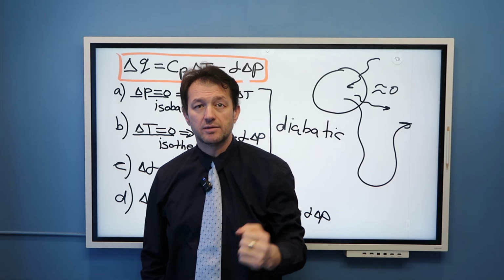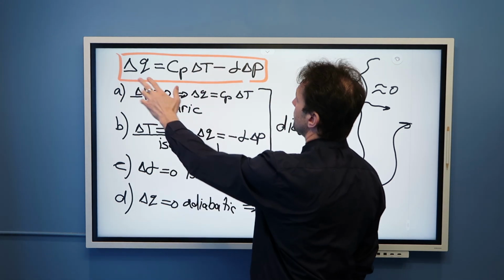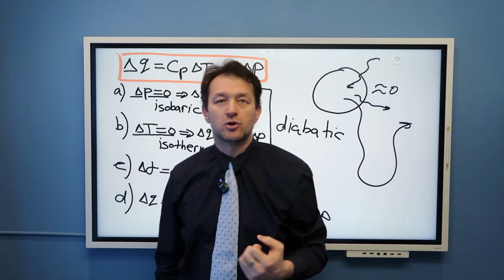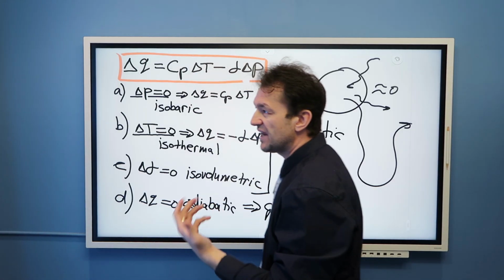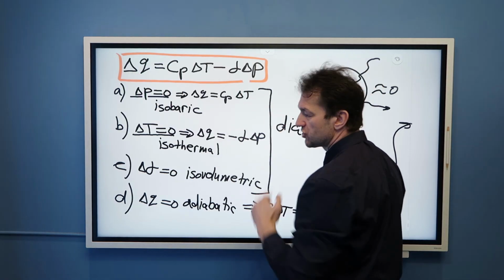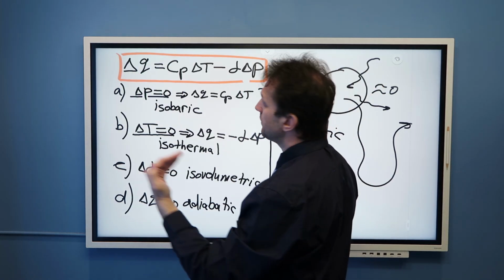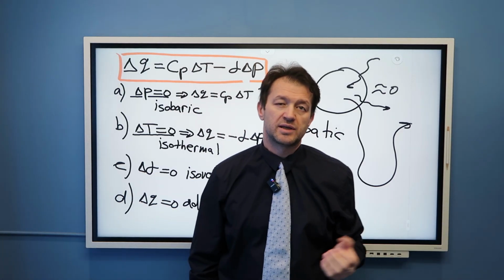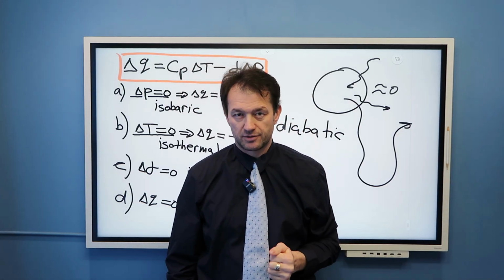If you are running, you supply energy to your muscles. Muscles are doing work, but eventually your body also gets warm. And the second law of thermodynamics tells us you can never supply energy and just do 100% work. Something will always go into increasing internal energy, or in simple words, temperature.